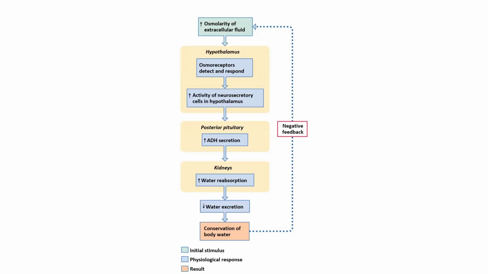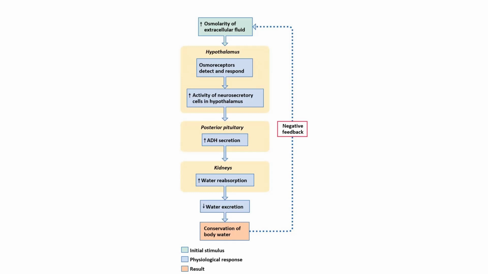So when we have that increased signal in the hypothalamus, that results in increased ADH from the posterior pituitary, and that will go to the kidneys, bind to that receptor, insert more aquaporin 2 channels into that apical surface, and reabsorb more water. So we increase water reabsorption in the kidneys via that mechanism and decrease water excretion, so we're now losing less water, which is what we want if we're in this dehydrated or high plasma osmolarity state.